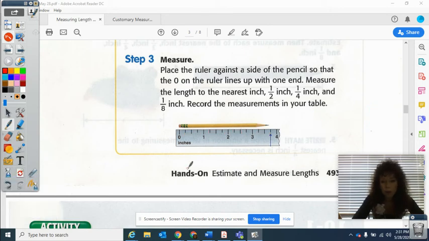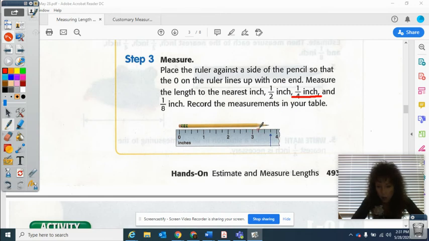Okay, so here is my pencil, and the line that they have it pointing to, it's really close, but I think our pencil is just a tiny bit shorter than that. But so we know we've got between 3 and 4. Those are the whole inches, but we're trying to measure to the nearest 1/4 inch. So how many quarters are we at here?